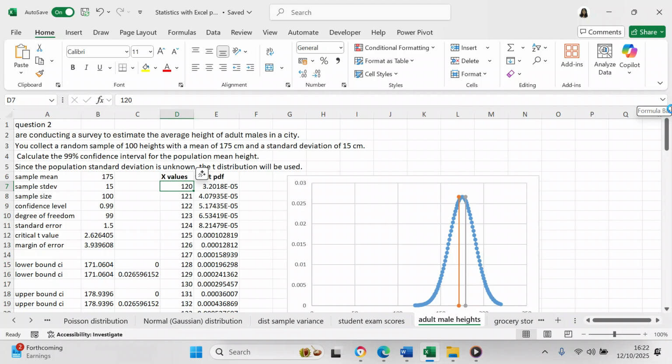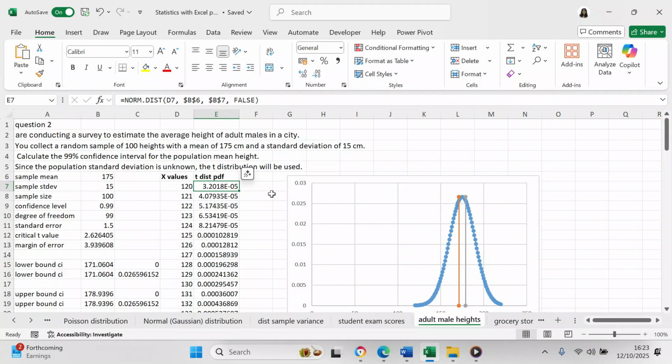Your t-distribution PDF is actually a normal distribution. So it's NORM.DIST, brackets D7, comma, B7, that's your standard deviation, comma, FALSE.